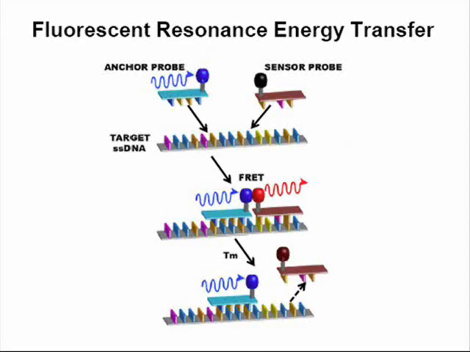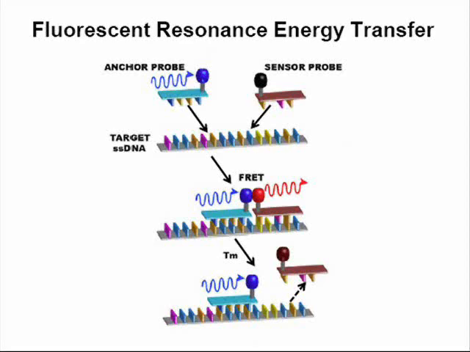We now, instead of having one engineered probe, have two probe pairs. On the left, we have the anchor probe, which has a great deal of sequence homology with the target DNA. Conversely, the sensor probe has less sequence homology relative to the anchor probe.